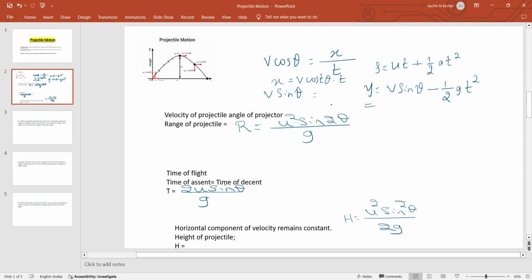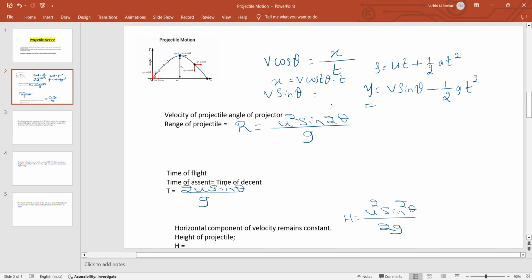So as it ascends, the acceleration due to gravity decreases the upward velocity, and its velocity moves towards zero. At the highest point of the projectile, its vertical velocity is zero, and the direction of velocity at every point will be in the direction of the tangent drawn to this curve.